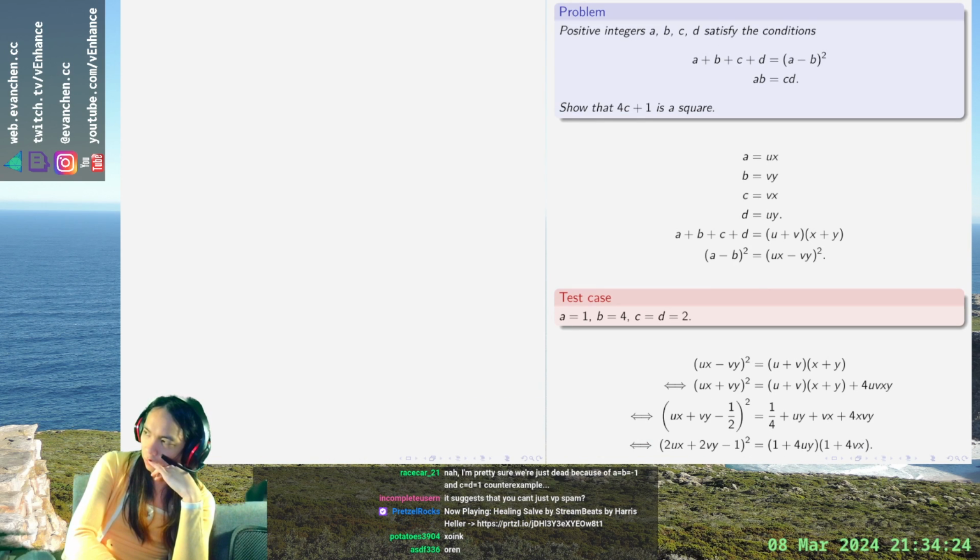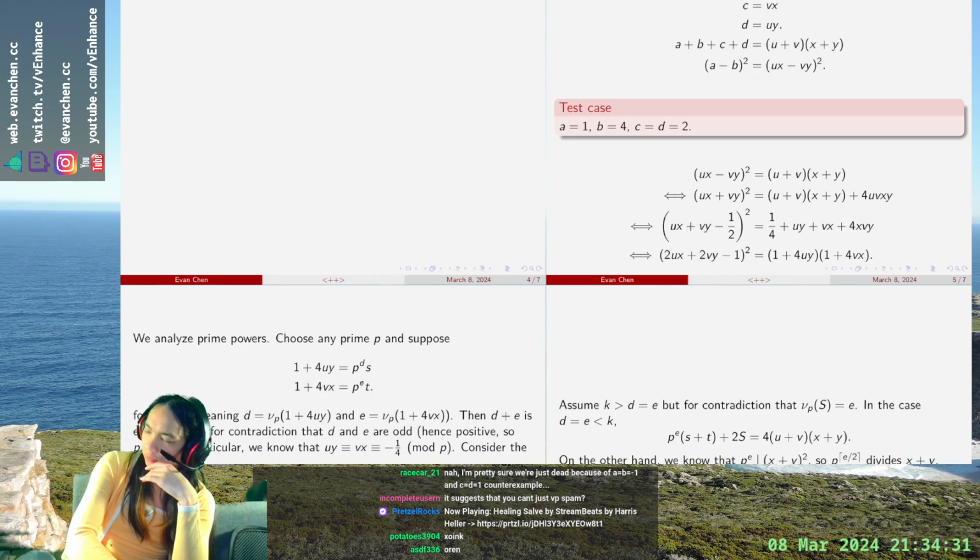Like u equals v equals -1 and x equals y equals 1.